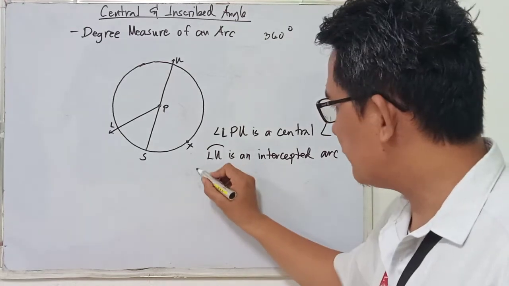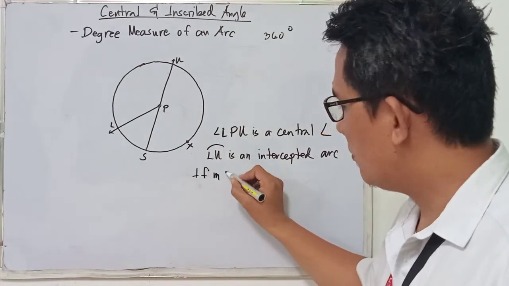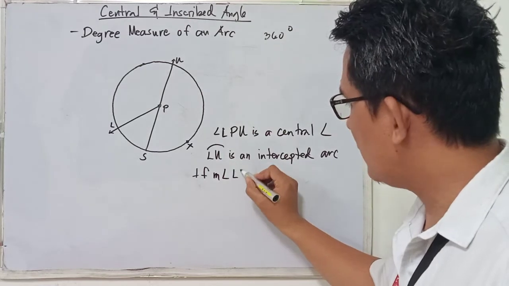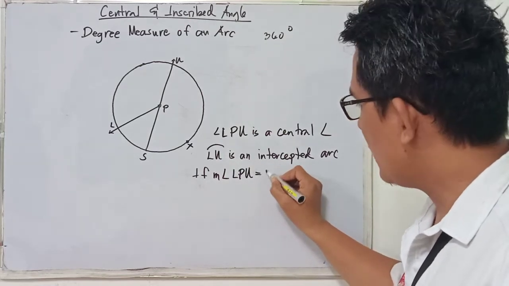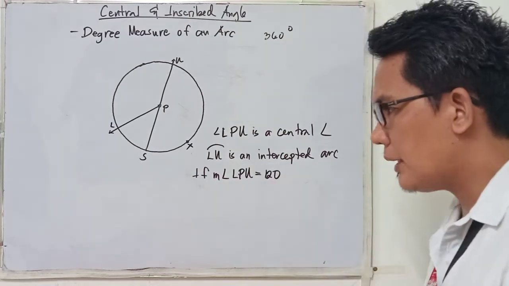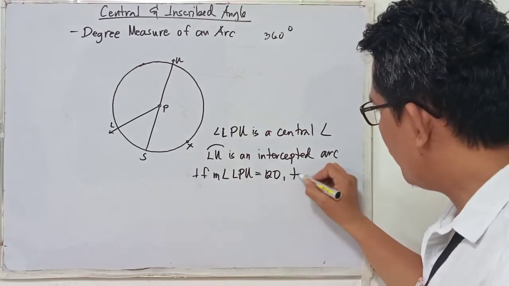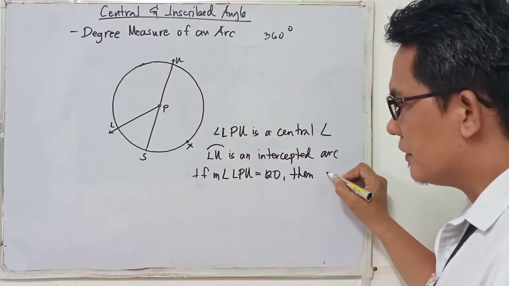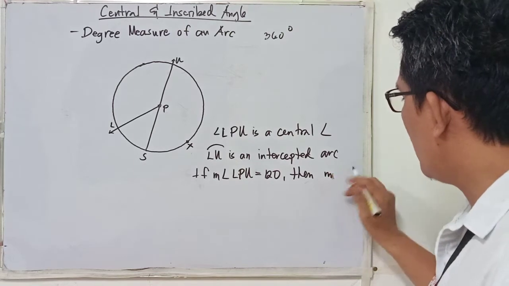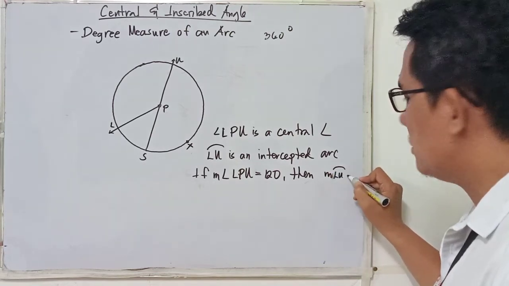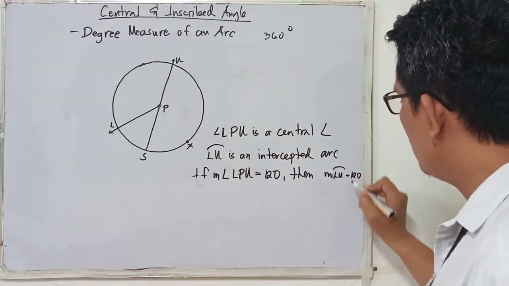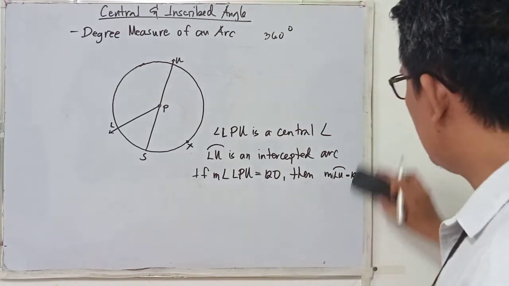Therefore, if the measurement of angle LPU is 120, then we can say that the measurement of arc LU is also 120 degrees.